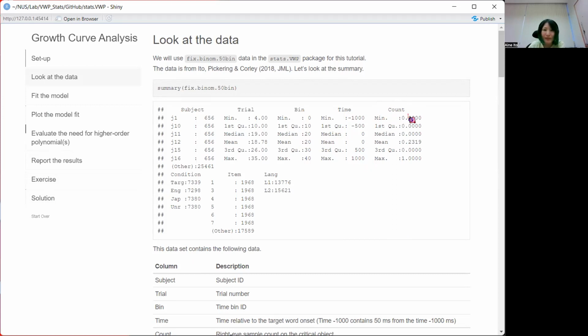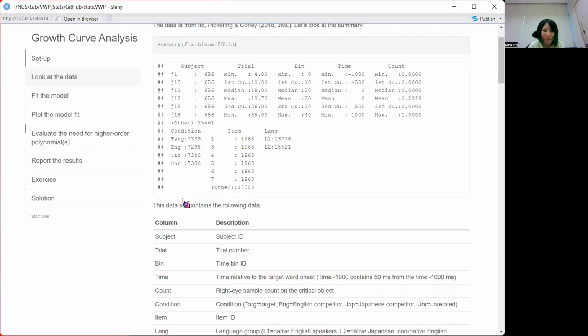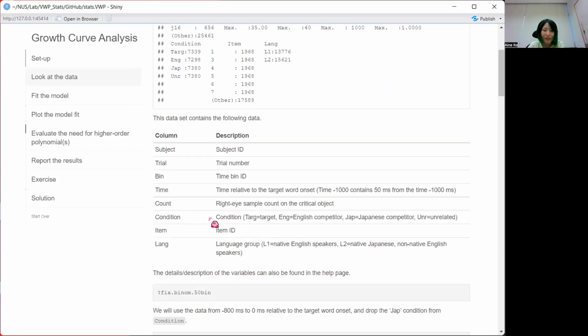Count is the variable coding the fixation: 0 is not fixated, 1 is fixated. We have 4 conditions. I just abbreviated them to tag, ing, jap, and for the target, English competitor, Japanese competitor, and unrelated conditions. If you open the tutorial, you can check the description for each value here. But what's important is just the subject, the time, count, value, the condition, item, and the language group.